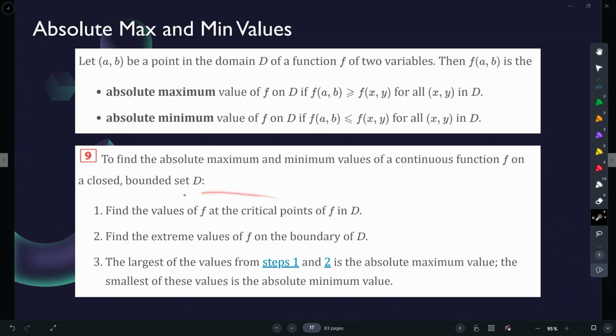So first I'm going to find all the critical points and evaluate f. Then I'm going to find the maximum value and the minimum value on the boundary of my domain, and then see which number is the largest and which is the smallest. So let's do that.